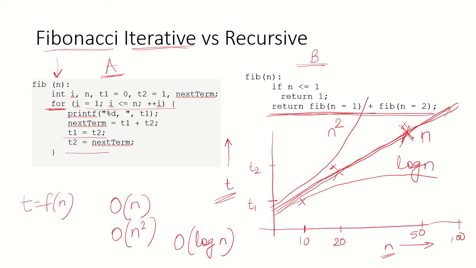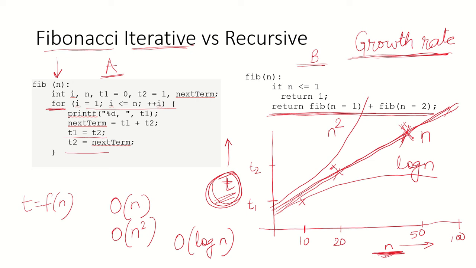So depending upon the algorithm, how it is behaving, or what is the growth rate of the algorithm. By growth rate we mean what is the time being taken by the algorithm if the input size is increasing. That is called the growth rate. So if n increases, how is the time taken by the algorithm increasing? So based on the growth rate, we can say that this particular algorithm is better than the other one.